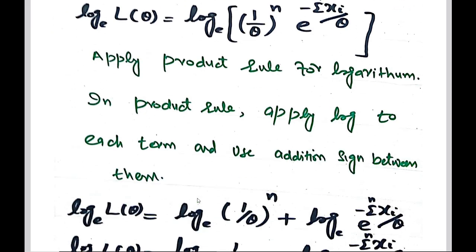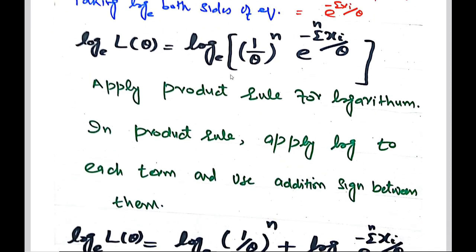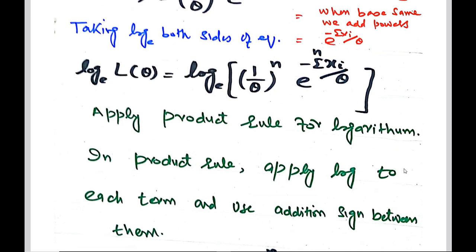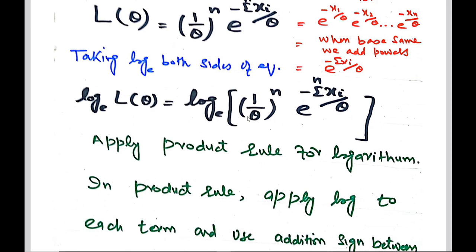So what is the product rule? If you apply log, we get log of 1 over theta power n plus log of e power minus the sum of xi over theta. Apply log to each term. This is not the product rule, this is the addition rule.